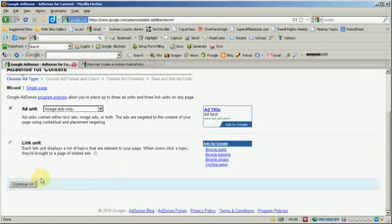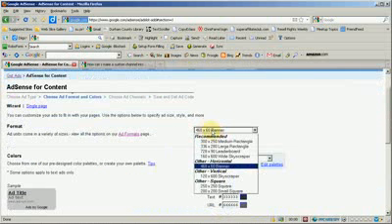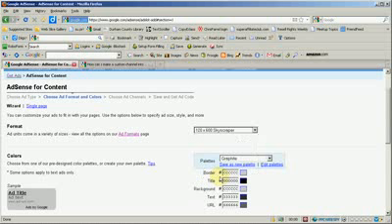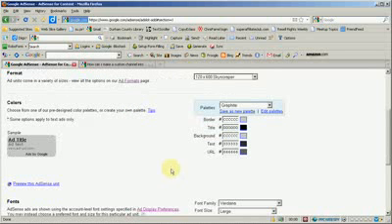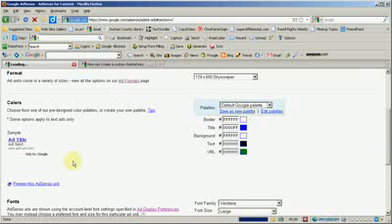And the only difference here is that let's pick the 120 by 600 for the skyscraper again for a sidebar. And I may as well go through some of these palettes. You got your default palette, which looks like that. Open Air is basically the default palette with no border.